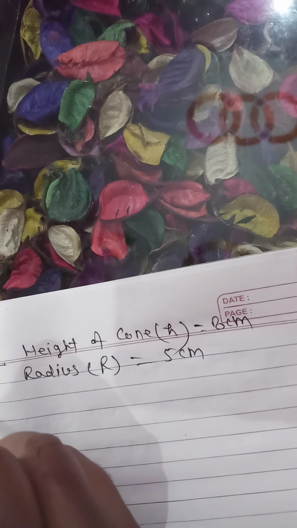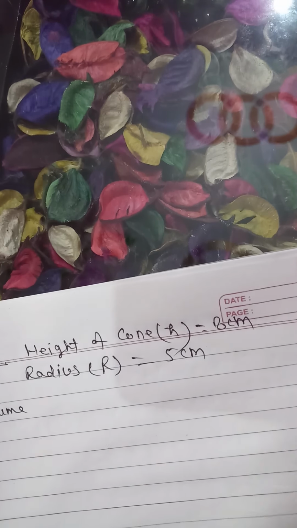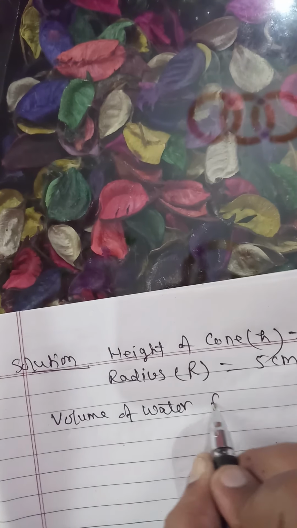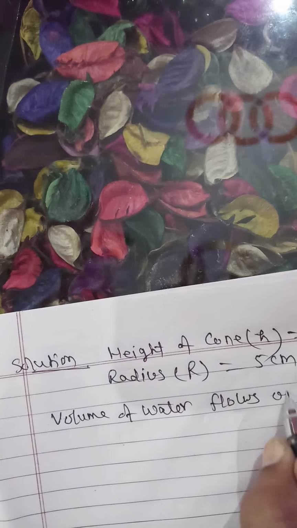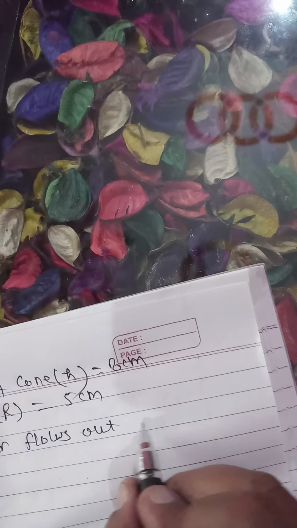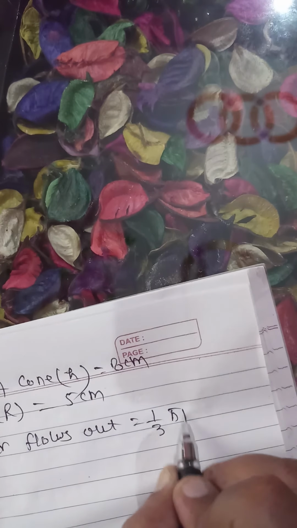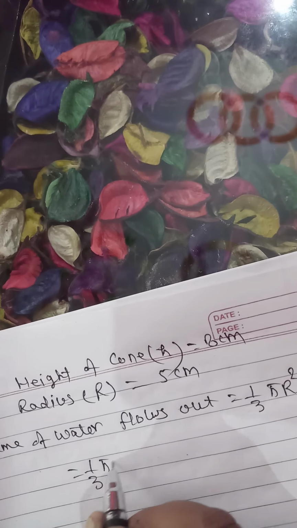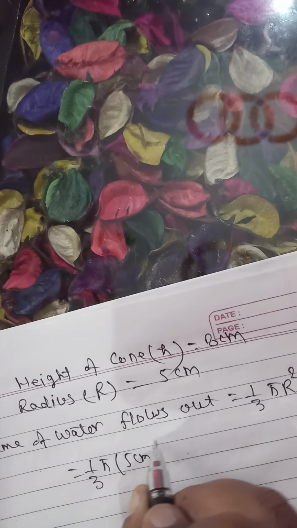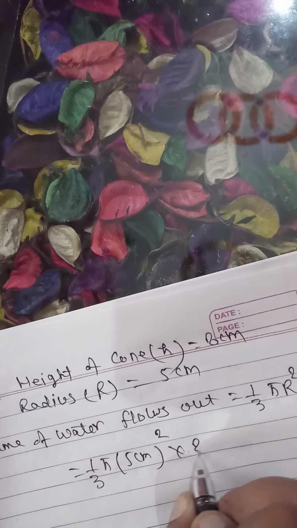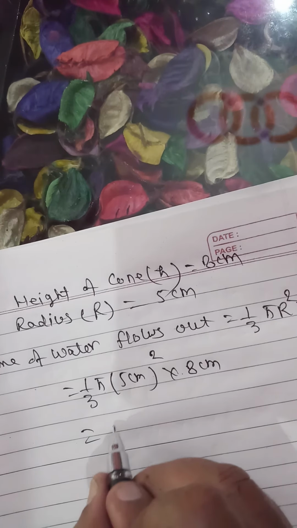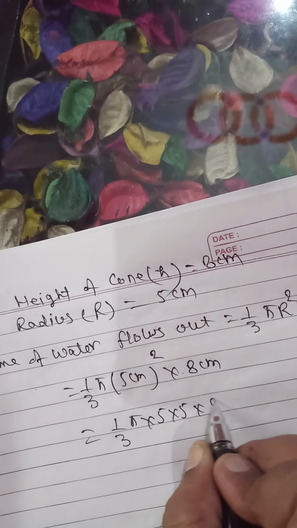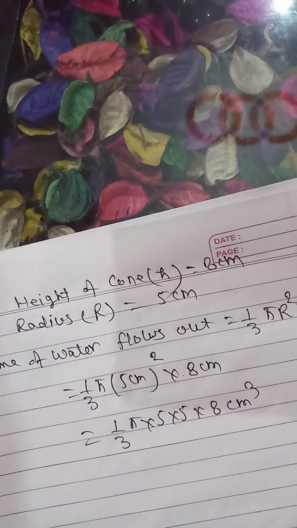Volume of water flows out, equal to, the formula is 1/3 pi r square h. 1/3 pi, r is here 5 cm, squared, into h which is given 8 cm. 1/3 pi 5 into 5 into 8 cubic centimeter.